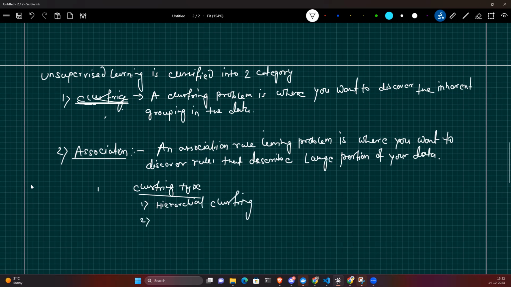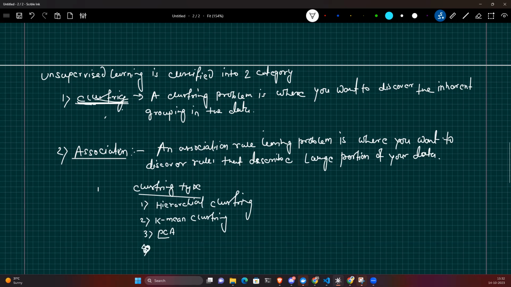Number two, k-means clustering. It's nearly like KNN. Number three, principal component analysis. This is also a type of clustering, but we can use it as pre-processing as well. So we'll talk about these things. I think this much is enough. So these are the different types of clustering.